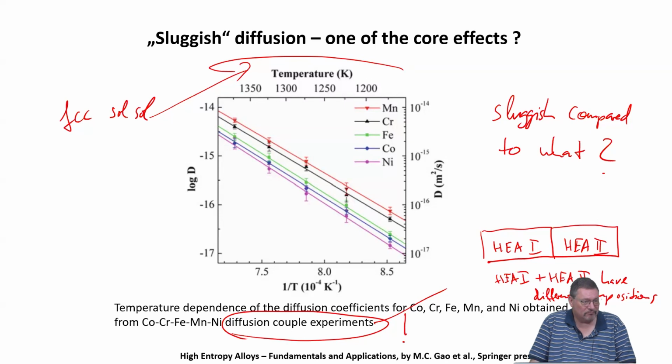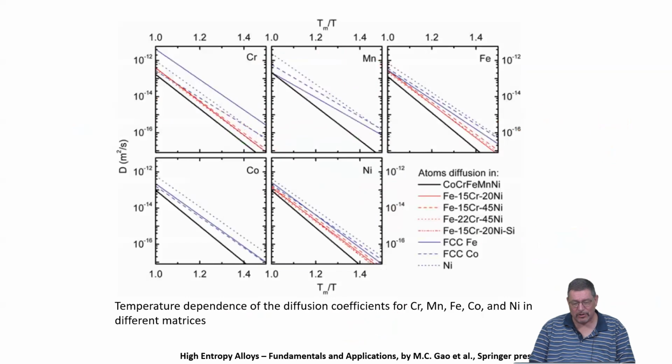Sigma phase. But sluggish diffusion means, from this plot we don't know what it means, right? We need to compare. They have done this, and this is shown here. These are the constituent diffusivities derived from an interdiffusion experiment, and then compared.